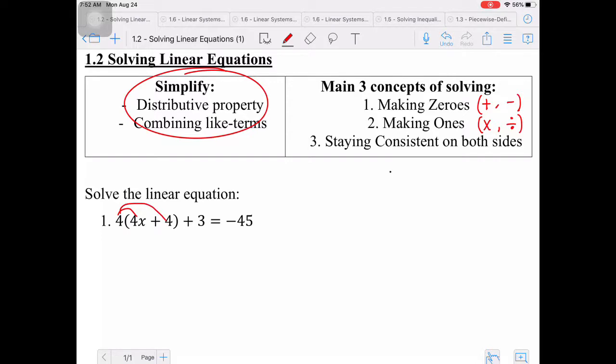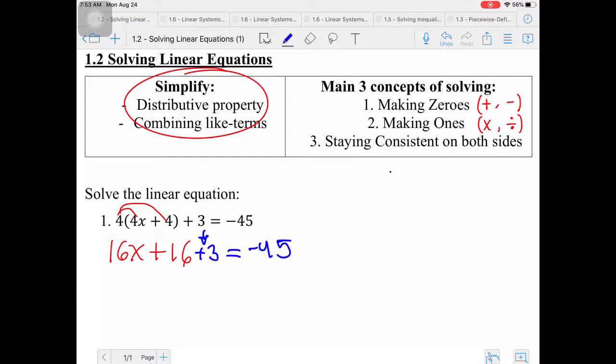You gotta do it to everything inside the parentheses. So 4 times 4x is 16x, and 4 times 4 is positive 16. Now I just bring down the rest, which is plus 3 equals negative 45.